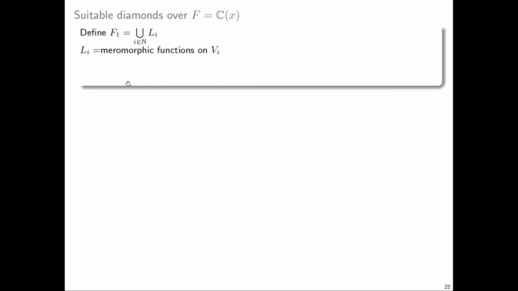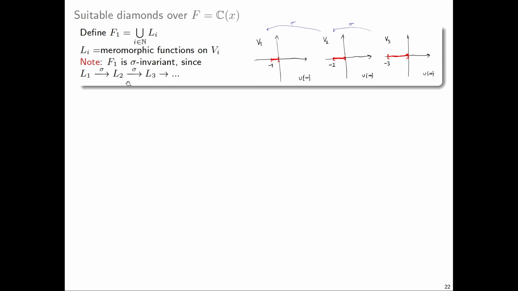So these open subsets Vi are then a descending chain of open sets. It looks like this. So V1 is the complement of this red closed interval. And V2 is the complement of this interval that's a little bit bigger. And these closed intervals that you cut out get bigger and bigger in every step.